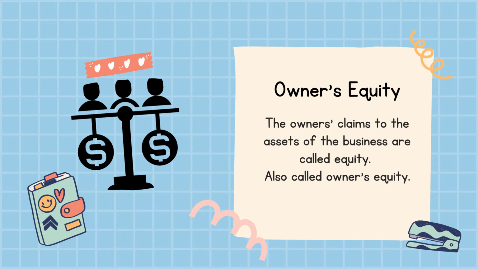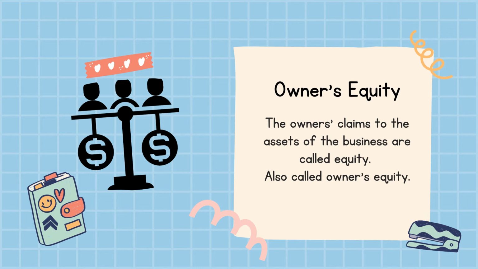Okay, so usually under equity we're gonna have 4 main accounts. So we have 2 accounts that increase my equity, which are owner's capital or owner contributions and revenues. And 2 accounts decrease my equity, which are owner's withdrawals or dividends and expenses.